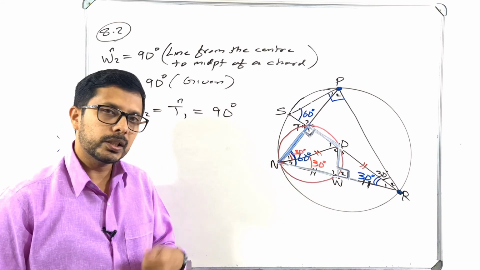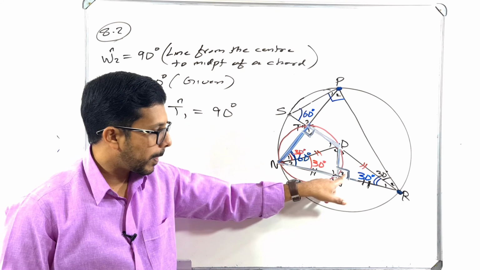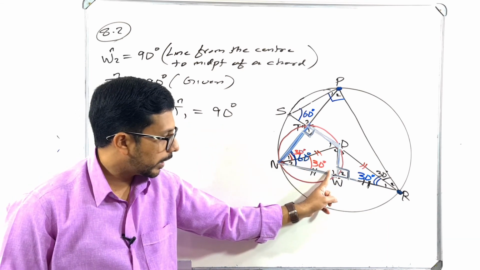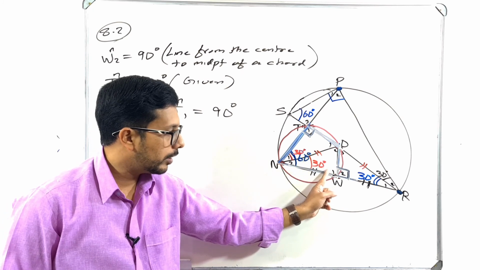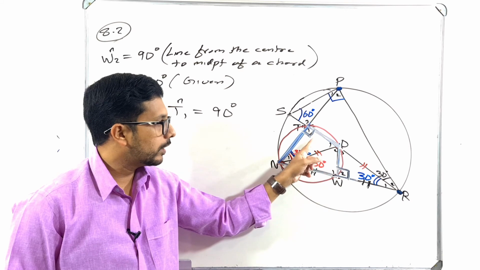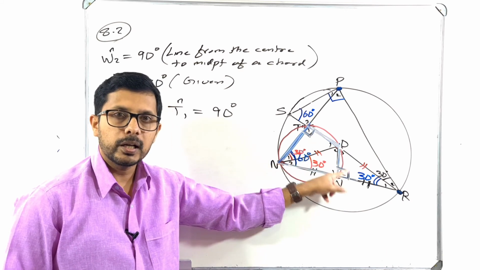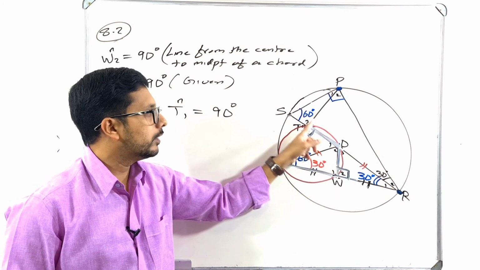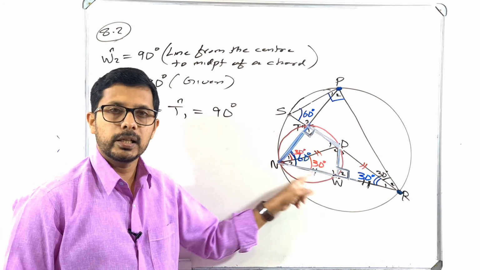Okay, so actually what is that two angles? This is an exterior angle and this is the opposite angle, and this is the interior. W1 is the interior and opposite. That means exterior angle and the opposite interior angle are equal. If exterior angle is equal to opposite interior angle, then we can say that this one is a cyclic quadrilateral.